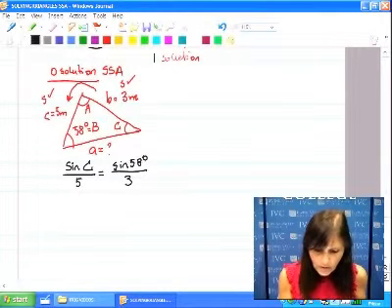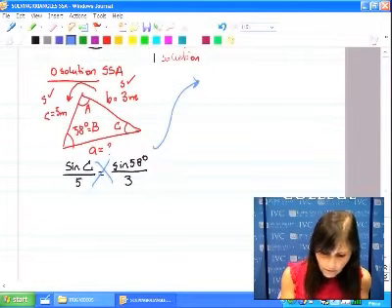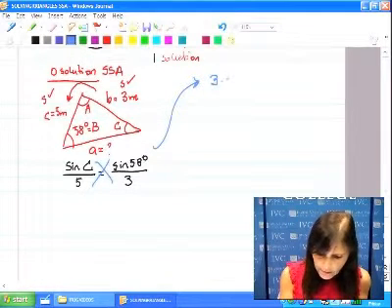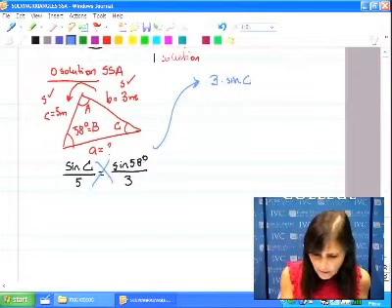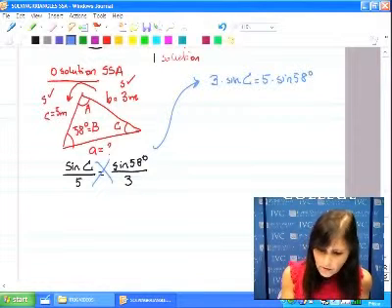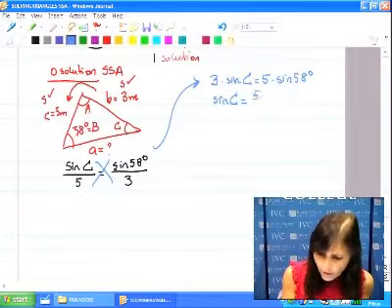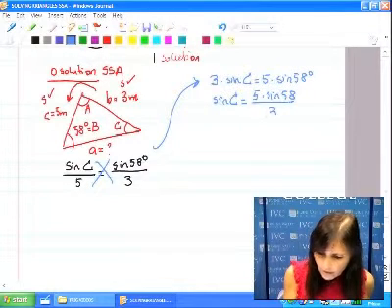Okay, so let's put this down. I have a crisscross situation. I will put down here 3 times sine of C equals 5 times sine of 58. So sine of C is going to equal 5 times sine of 58 over 3.